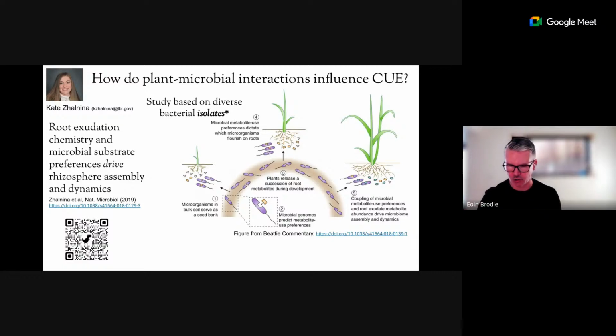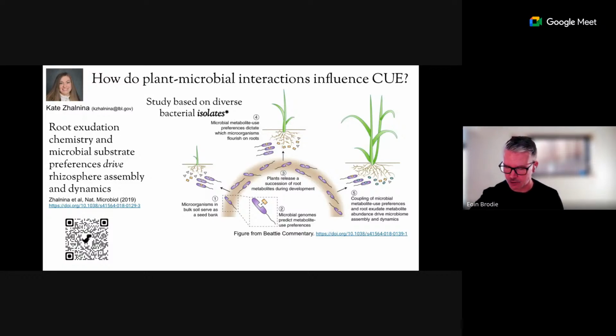They're releasing sugars, amino acids, other organic acids, hormones, lots of different things. And as those roots encounter microbes, microbes are able to consume some of what the plants are releasing. Now, the plants release different chemicals as they grow over time, according to their own allocation needs. And it turns out that microbes basically follow what the plants are doing. They follow the phenology of the plant because the chemistry of the root exudates is changing over time.